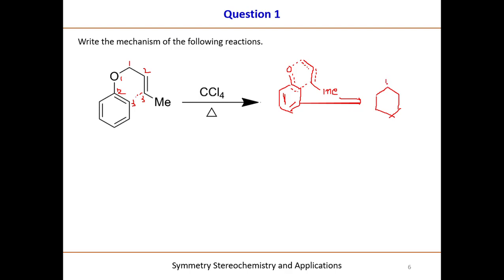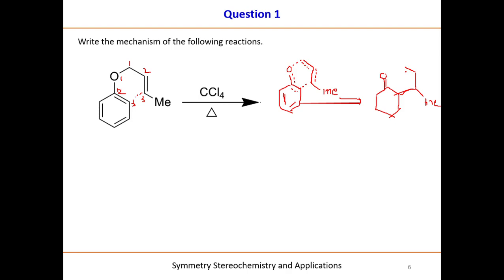So here we have formed the new bond, correct? The methyl group was here. You can see here the 3 are now bonded, correct? Now the bond between 1 and 2 breaks, so between 1 and 2 a double bond formation will take place.